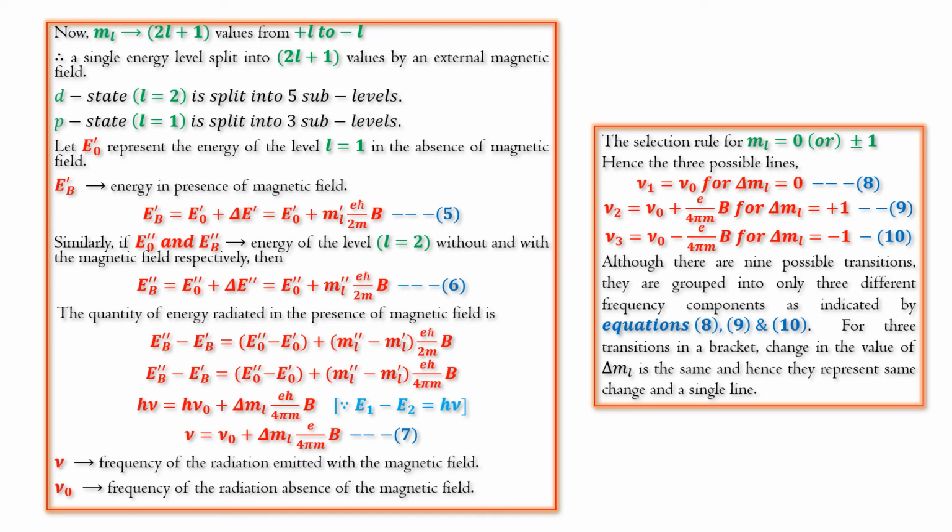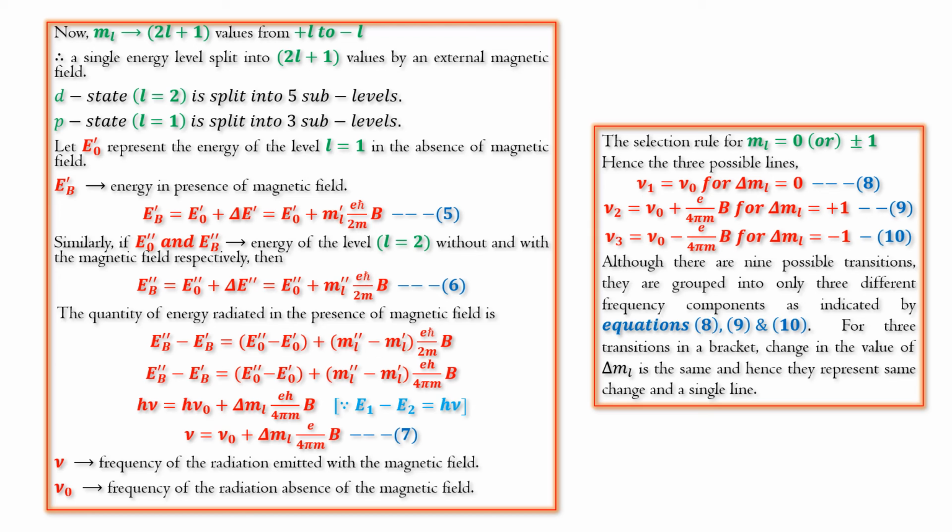For the 3 transitions in a bracket, the change in the value of del ml is the same and hence they represent a single line. So there are 3 frequency values for del ml equal to 0, del ml equal to plus 1 and del ml equal to minus 1. Del ml equal to 0 is equation number 8. Del ml equal to plus 1 is equation number 9.